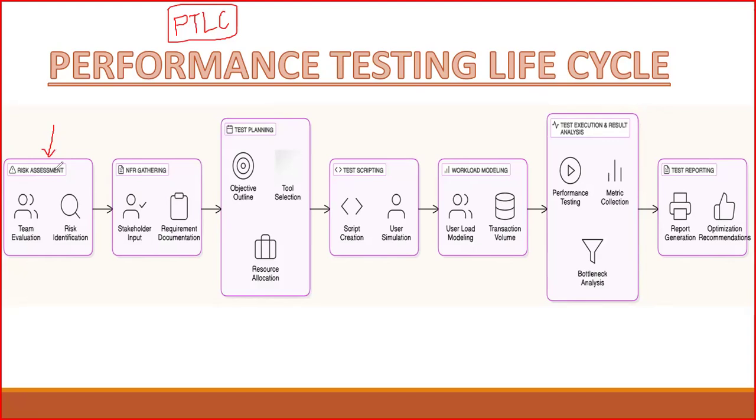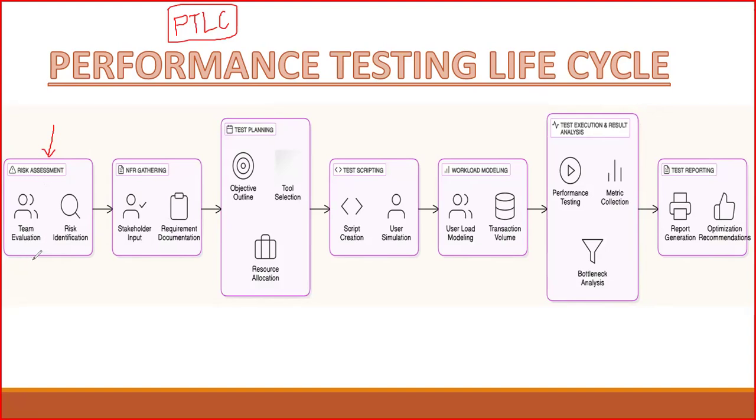Generally, in the risk assessment stage, we are going to interact with multiple teams. Like we are going to interact with the development team and the DevOps team, and we are going to do some team evaluation.